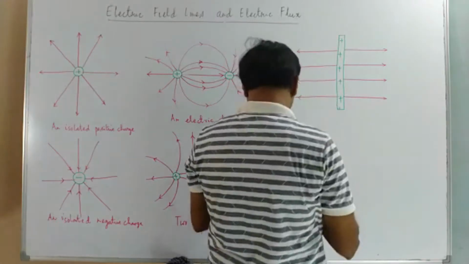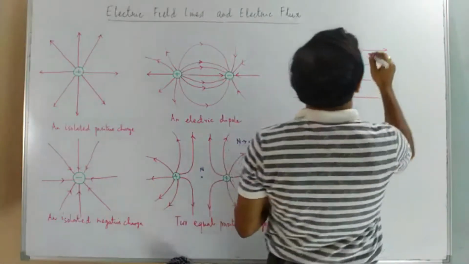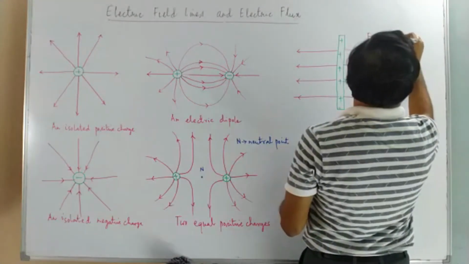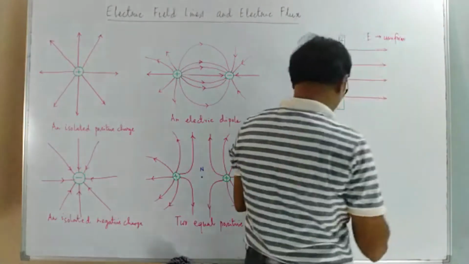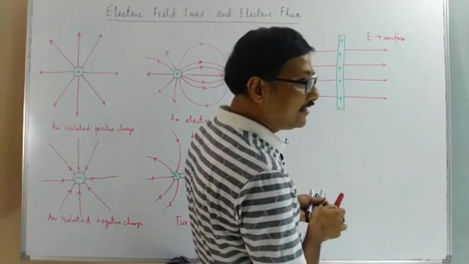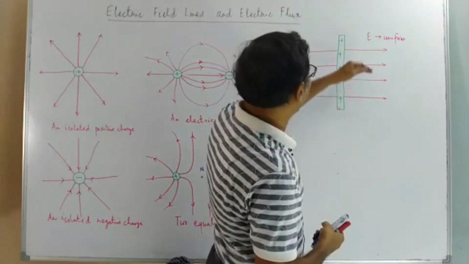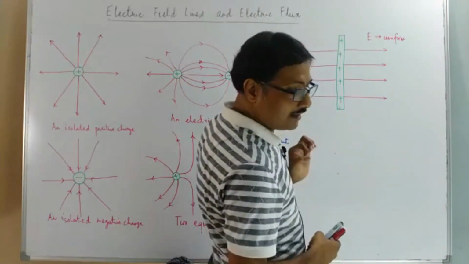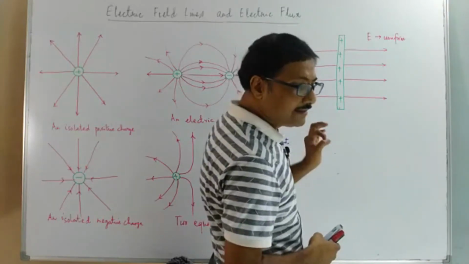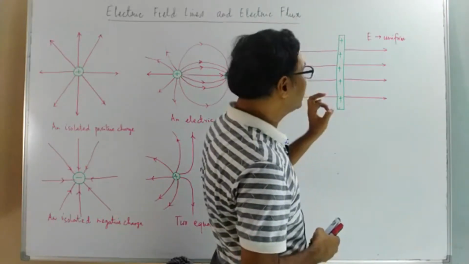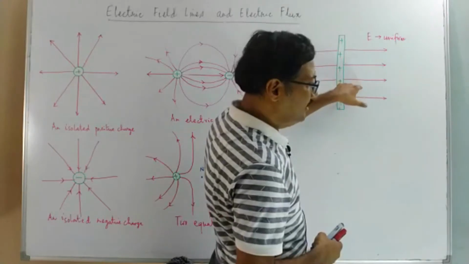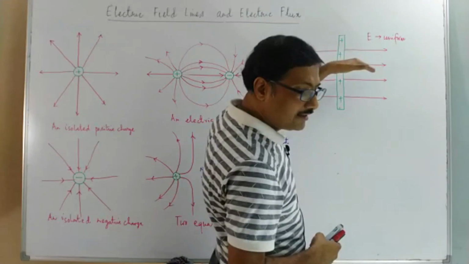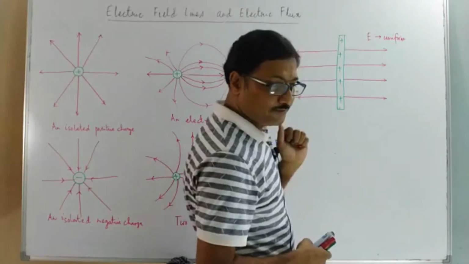The electric field produced in this case is uniform. This uniform electric field is represented by a set of parallel and equispaced lines. A uniform electric field means the magnitude of electric field is constant everywhere and they are directed in the same direction. Okay?